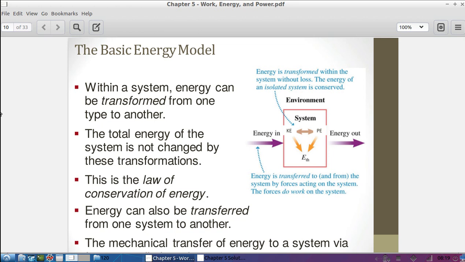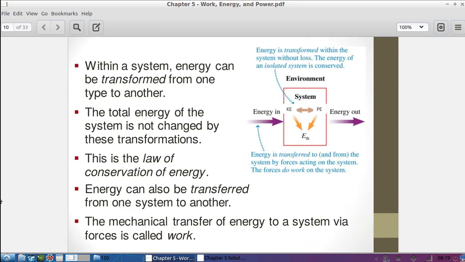So we've got two scenarios. Either the energy of a system is changing or the energy remains constant. If the energy of a system is remaining constant, that's the law of conservation of energy. Inside a system, it can change to different types of energy, but the total mechanical energy of the system is going to stay constant as long as something isn't putting energy in or taking energy out of the system.